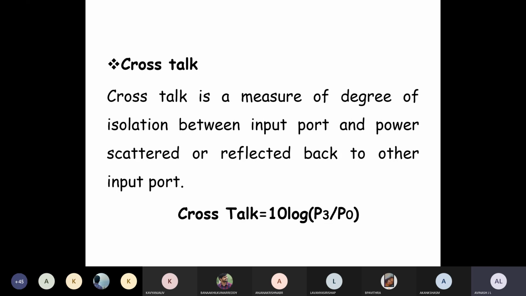Crosstalk should be very, very less. If the crosstalk is very less, the functioning of the system is proper. If the crosstalk is more, the functioning of the system is not proper. That's all.